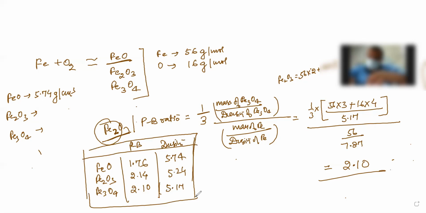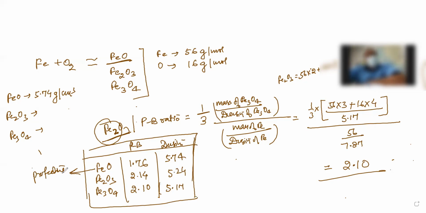Okay, so this is just a table. Among these, only FeO is protective. Perfect, right? Is it fine? Very easy.